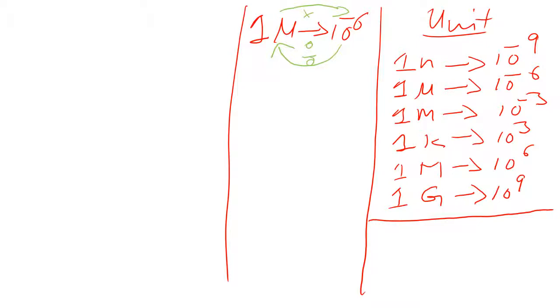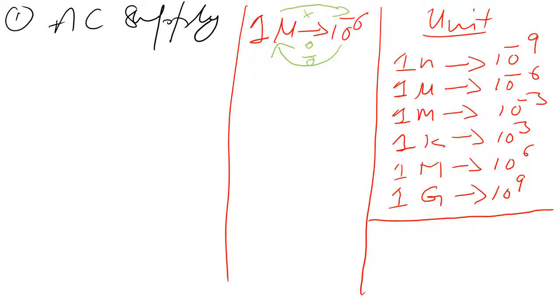Like for the AC supply, the first one is the AC supply, which means the voltage and the current. Suppose I say the voltage of the AC supply is 20 microvolt. The SI unit for the voltage is volt, so you have to change to the SI unit.